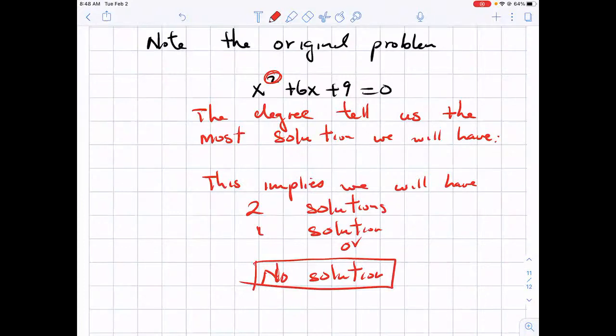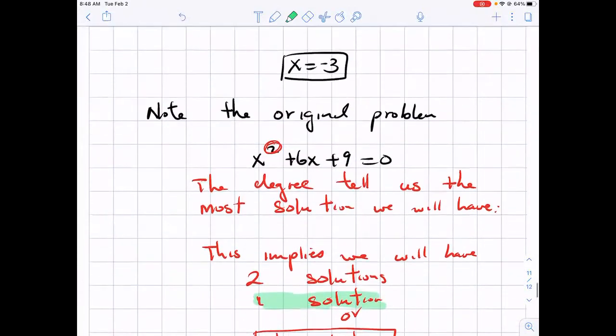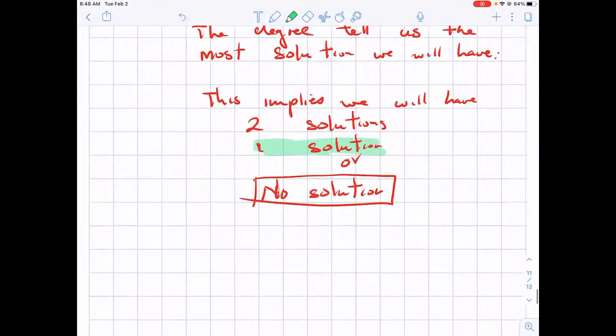So in this case, this turns out to be our indicator. For this problem, we only had one solution. There are going to be problems that have no solutions. There will be problems that have infinite solutions.